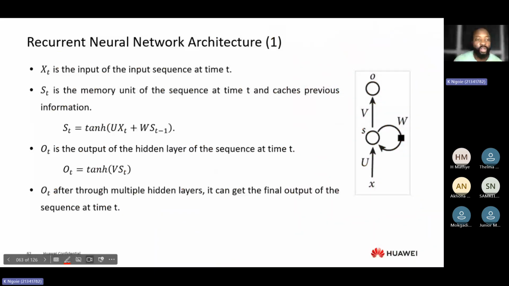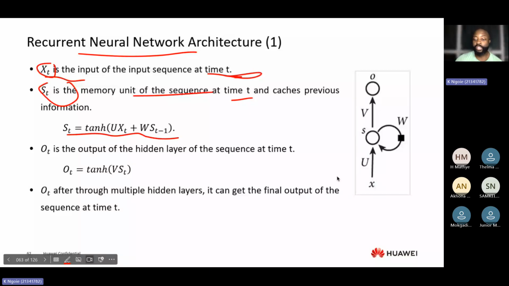All right, so basically this is an example of an input in the recurrent neural network. This input is the input at that state at the time t, right? So now the network needs to remember what has happened there. That's the memory unit sequence at that time t, okay? This can be calculated by looking at the inputs that have happened previously, and the network is building up on that.